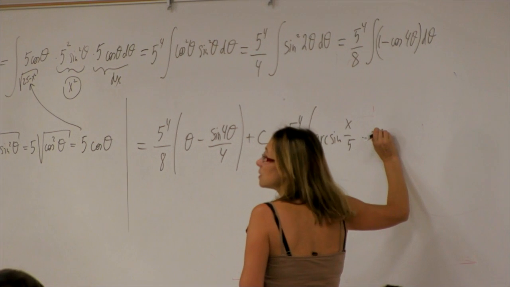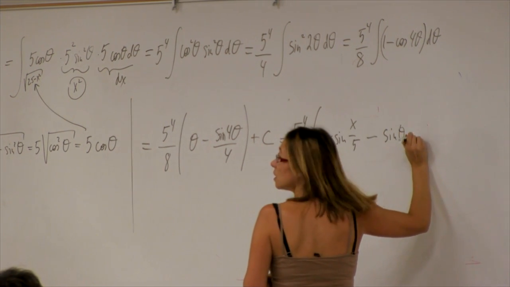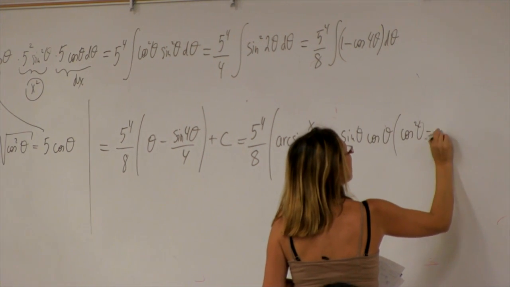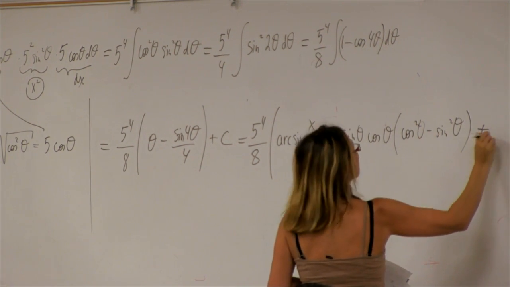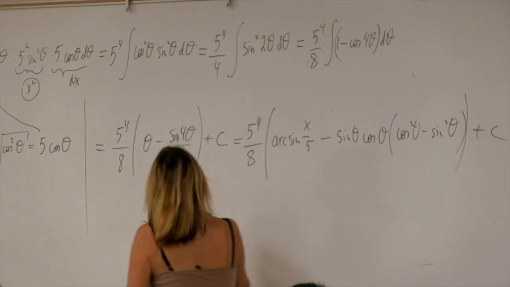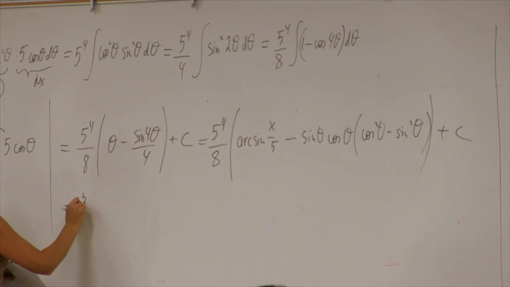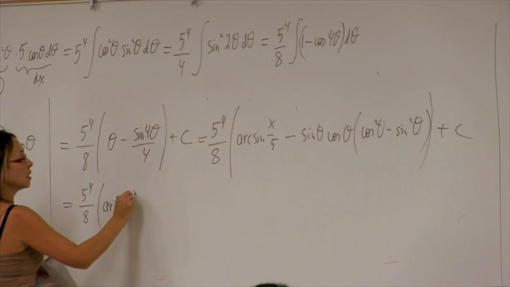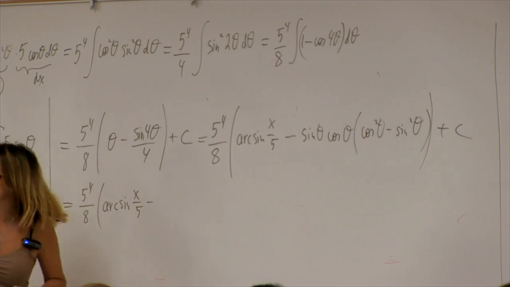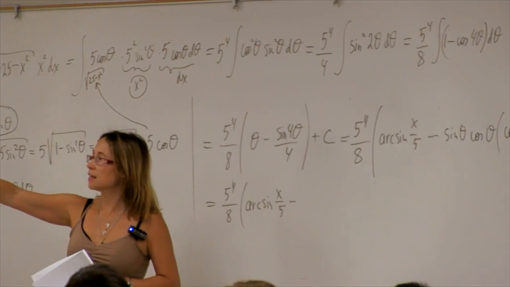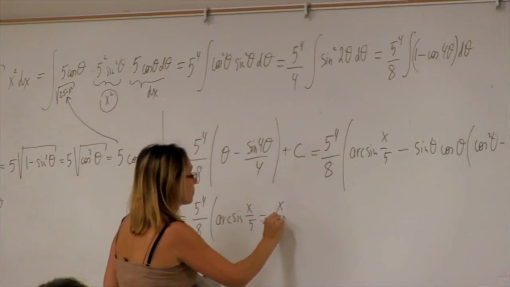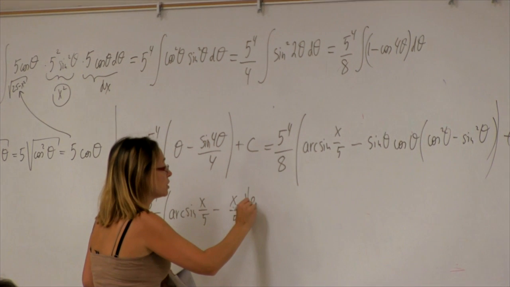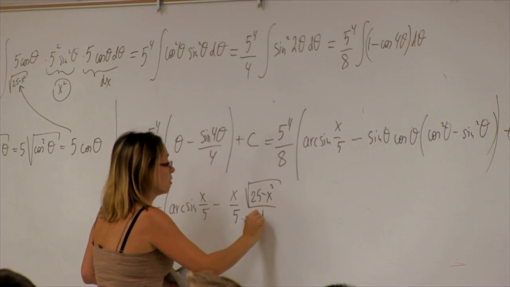So I have sine theta cos theta, cos squared theta minus sine squared theta, equals... almost done. So sine theta, I read it off of there. Sine theta is x over 5. Cosine theta is square root of 25 minus x squared over 5.